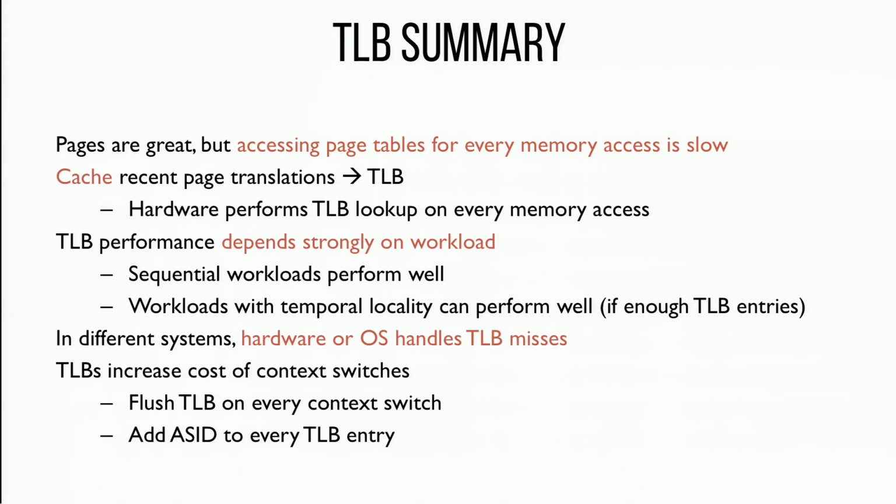When we switch between different processes, there are two different approaches we can use. One is to completely get rid of all the entries in the TLB, invalidate everything in there so that you won't misinterpret the previous process's page translations for your own. Or you can add these address space identifiers to every entry, and then you know which correspond to your mappings versus the others.